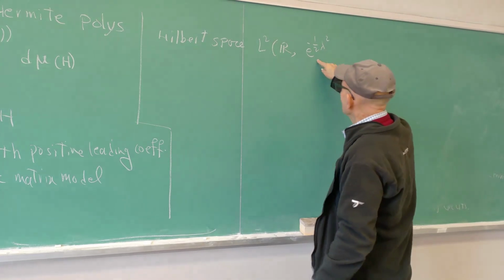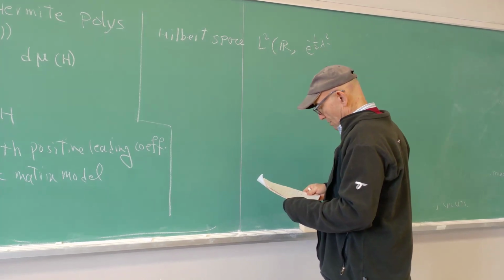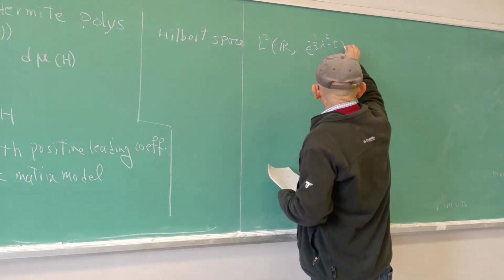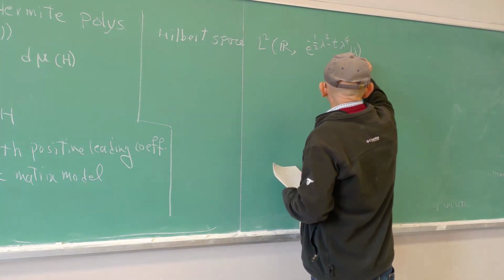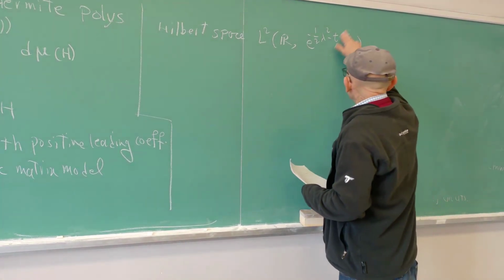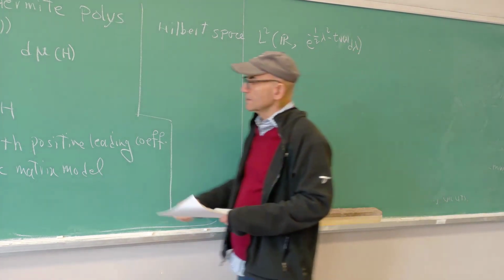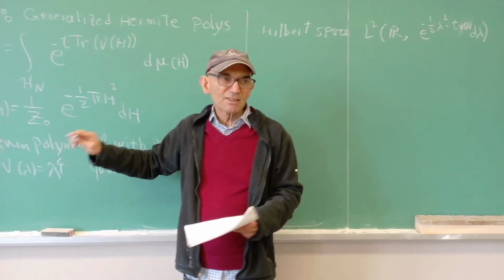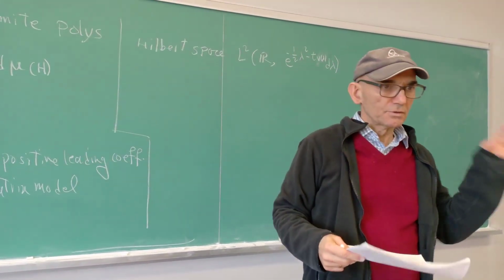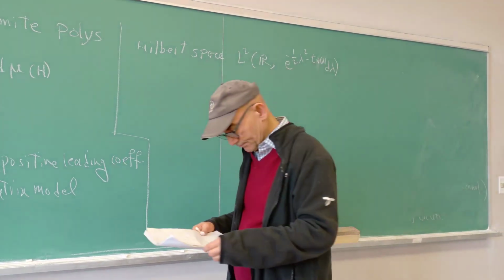This is the Gaussian, and then we perturb it by minus t V of lambda. Actually, I'm going to put V of lambda because a lot of things we are doing work in this generality. At some point we go back to V of lambda equal to lambda to the 4, where some of the things are more precise.